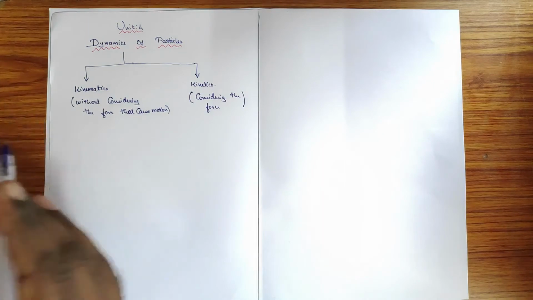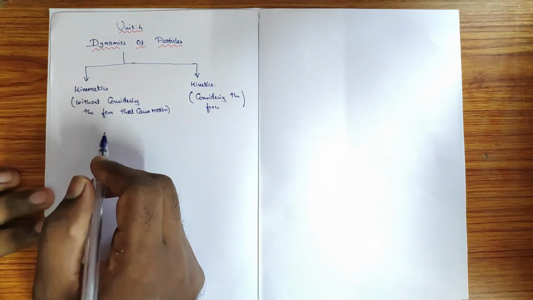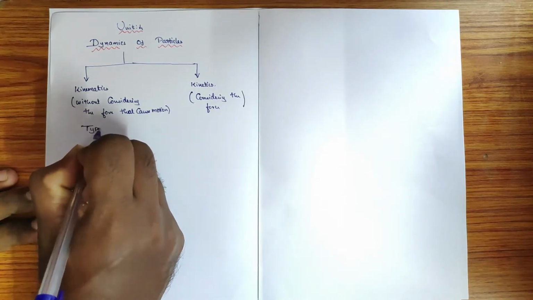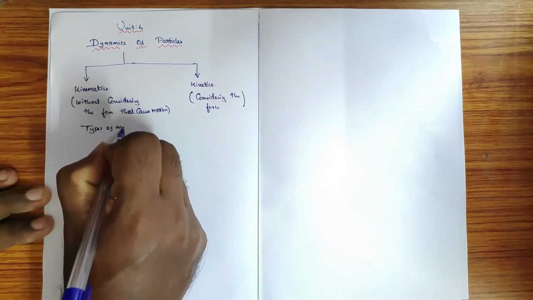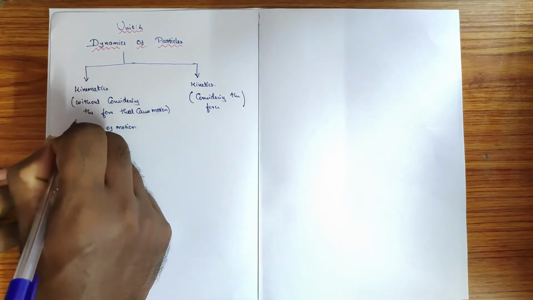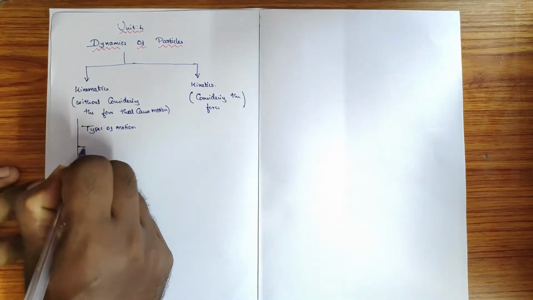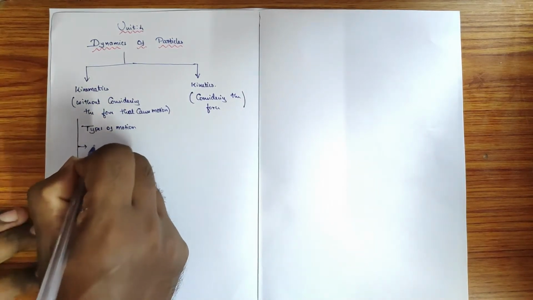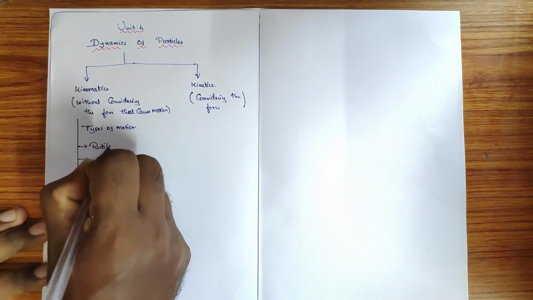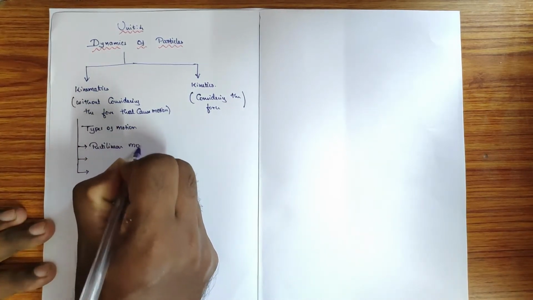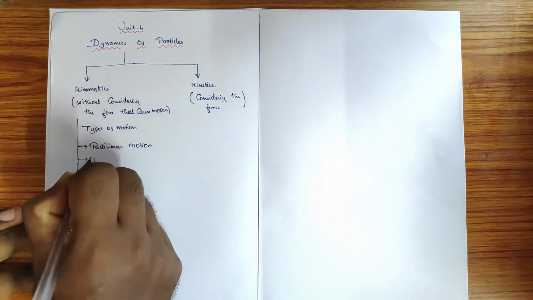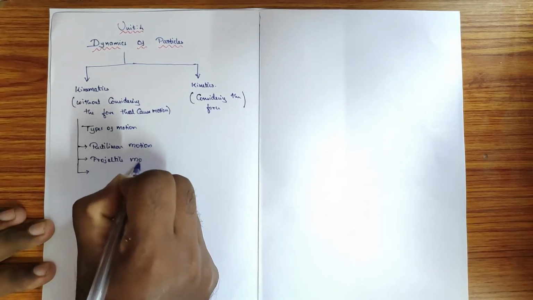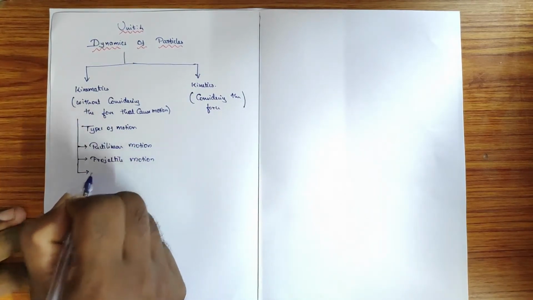In kinematics, based upon the types of motion, it is divided into three: one is rectilinear motion, another is projectile motion, and curvilinear motion.